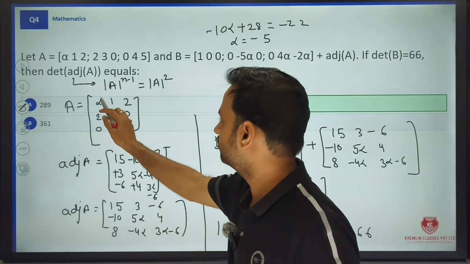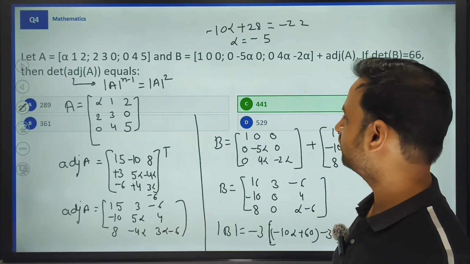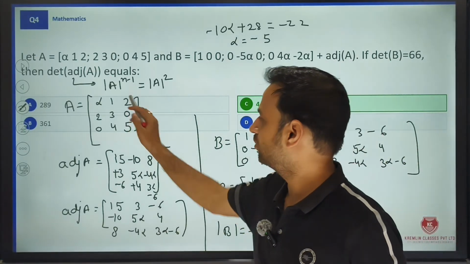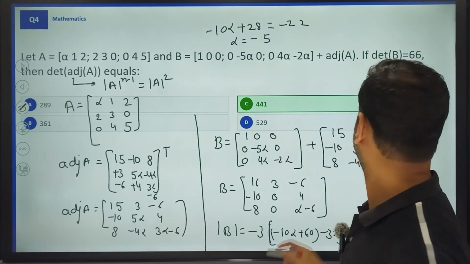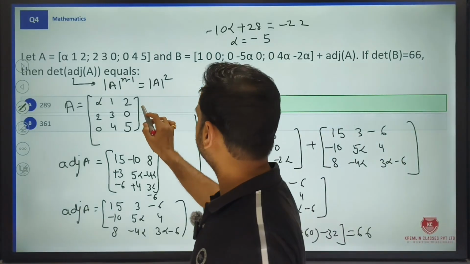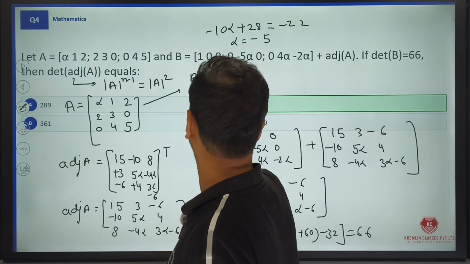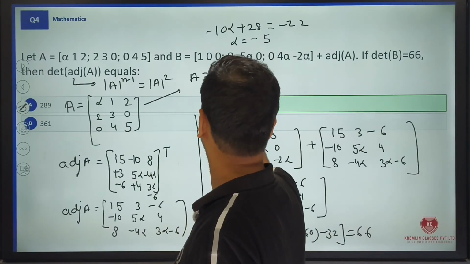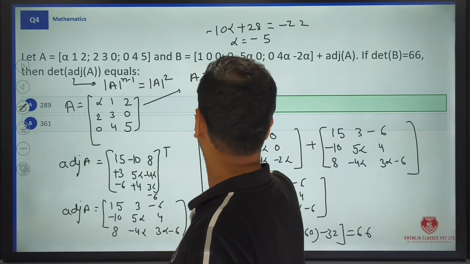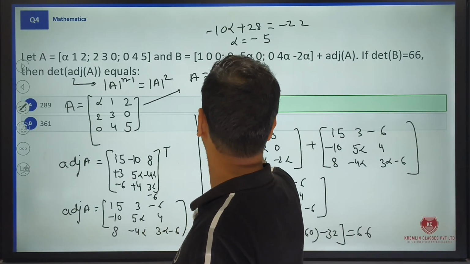By putting alpha equal to minus 5 here, we can easily find out the determinant of A. The determinant of A will be, let us write here, A equals to 5, 1, 2, 2, 3, 0, 0, 4, 5, minus 5.